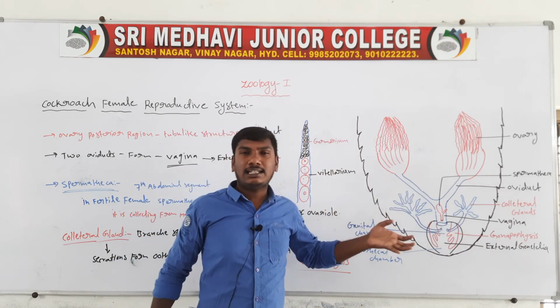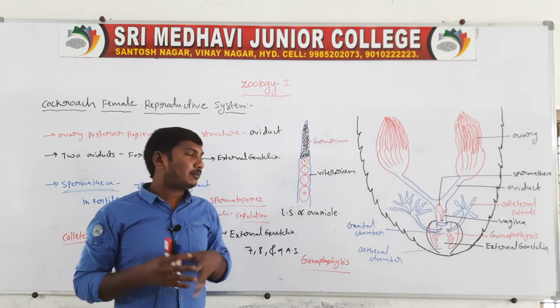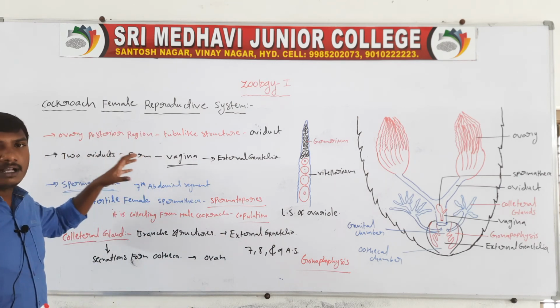The external genitalia also help in copulation. So this is the female reproductive system of the cockroach.